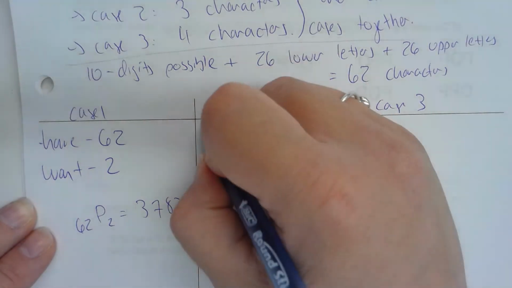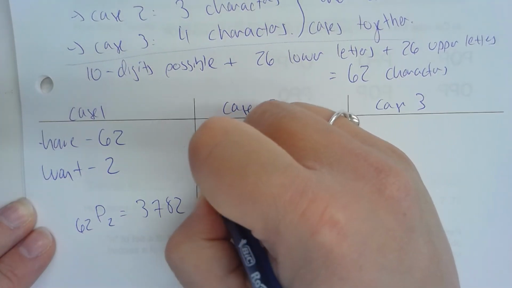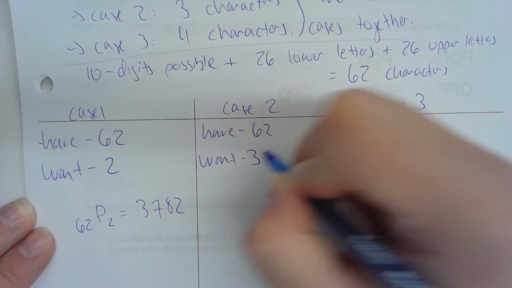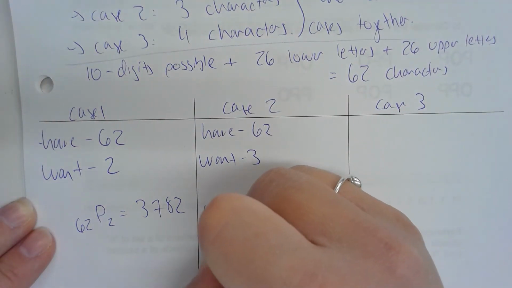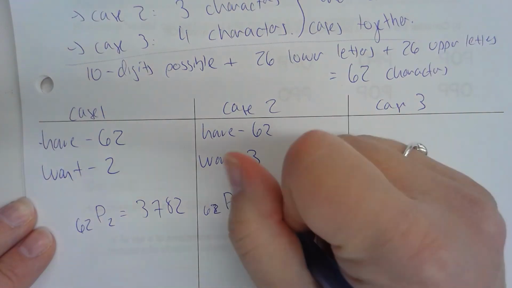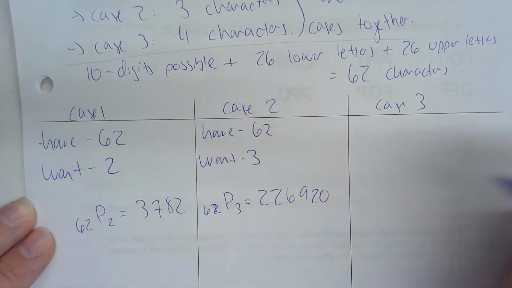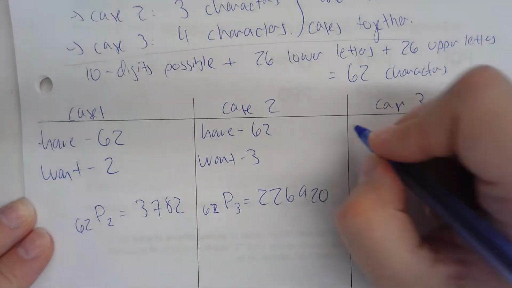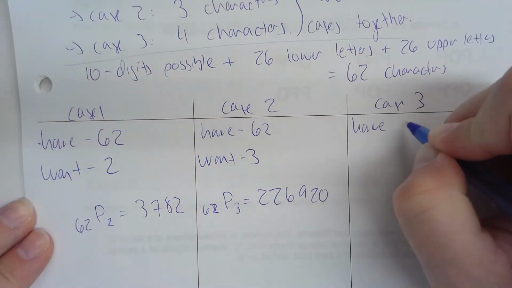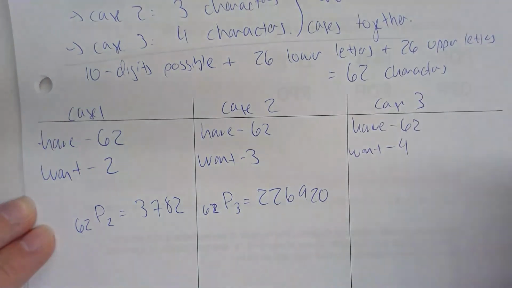But it's a few. For case 2, I have 62 choices, and I want 3 of them. So we say 62, pick 3. And this is going to be much bigger because we have 1 extra character we're using. Last case, I have 62 characters again, and I want 4 of them.